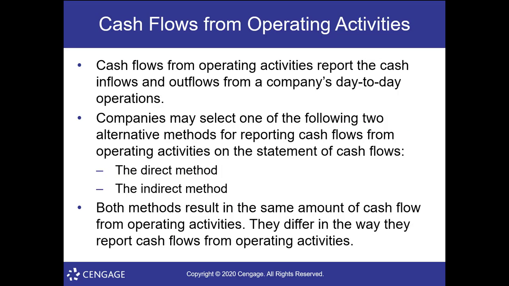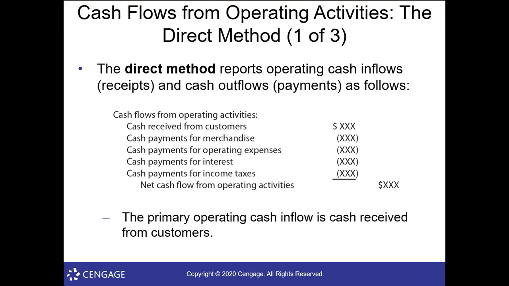There are two methods by which this statement can be presented, either the direct method or the indirect method. The difference between the direct and indirect method only affects the first section, the cash flows from operating activities. The direct method identifies cash received: cash received from customers, cash payments for merchandise, operating expenses, interest, and taxes.